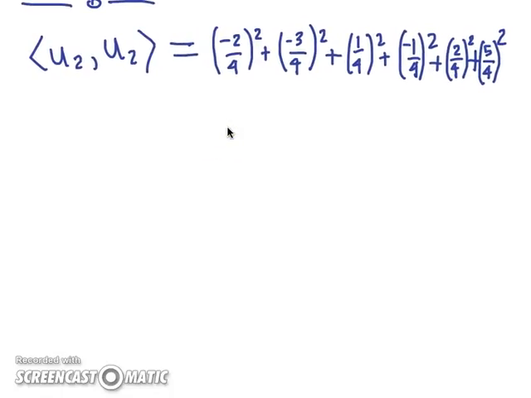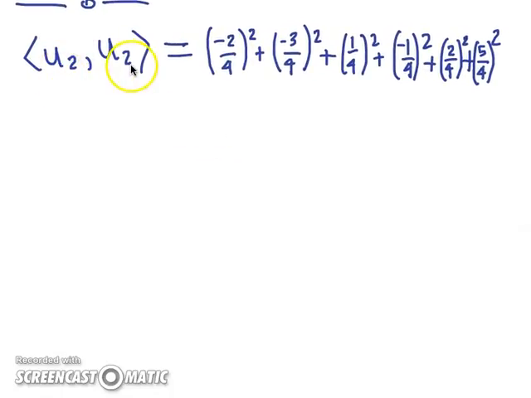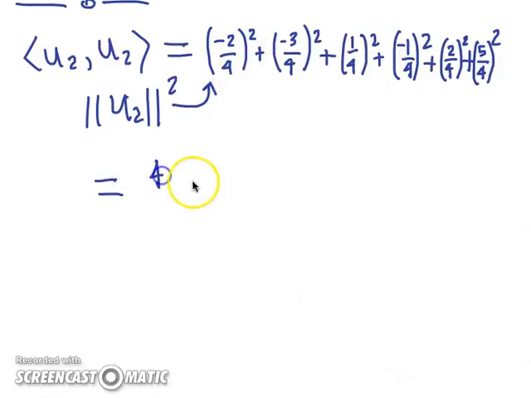In doing so, remember, the inner product of U2 and U2 is also equal to the square of the norm of this vector U sub 2. So that's equal to that expression, and it turns out that this is giving us 4 plus, there'll be a lot of numbers there.